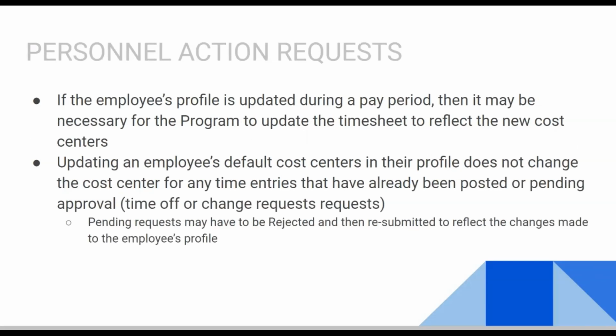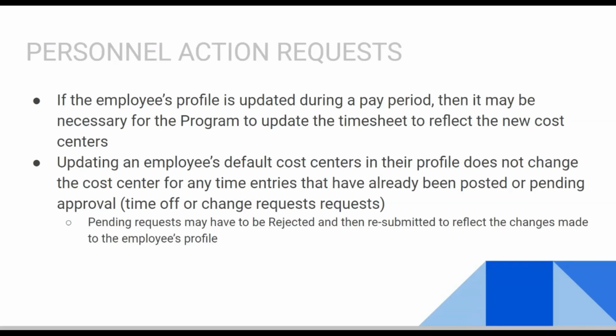Because it does not change the cost center for any recorded time entries that have already been posted or are pending, this may also trigger some things that have to happen. If I had requested time off in the month of August, even though I'm updating the profile today to change from being paid from finance to personnel, that August record has already been posted as being paid from finance.